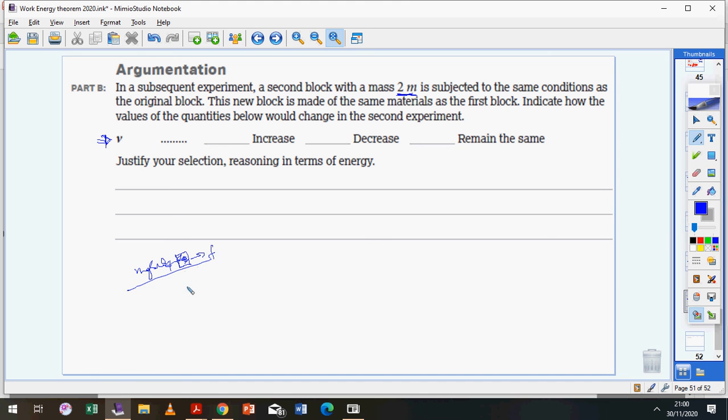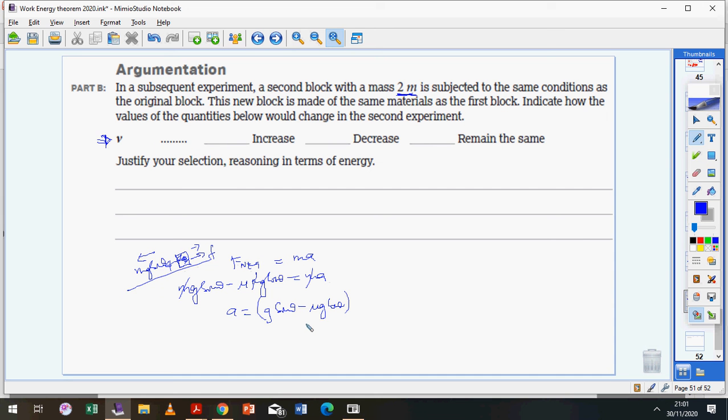Its equation of motion will be mg sine theta minus friction, which is mu mg cosine theta, equal to ma, because this is coming from F net equals ma, and the F net is the downward force minus the upward friction force. I hope you can see that m is common to each of these items, and its acceleration will be g sine theta minus mu g cosine theta. So the acceleration is independent of the mass.